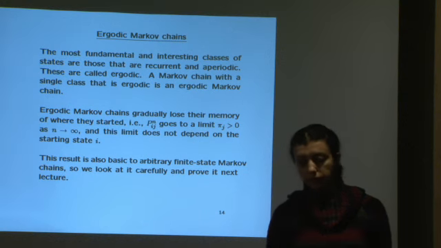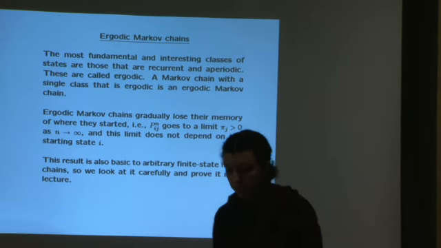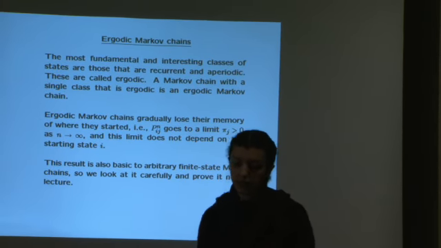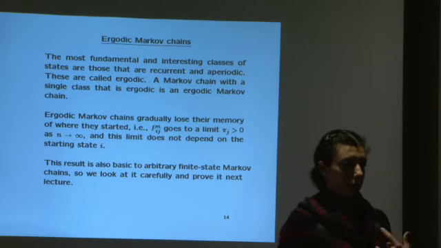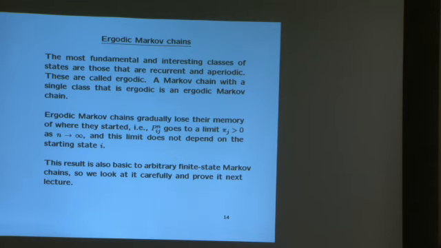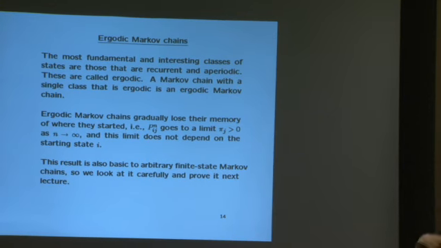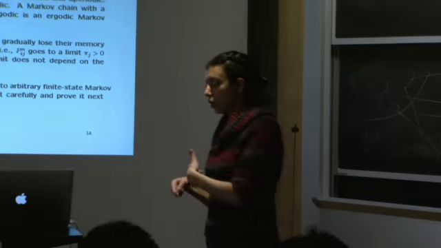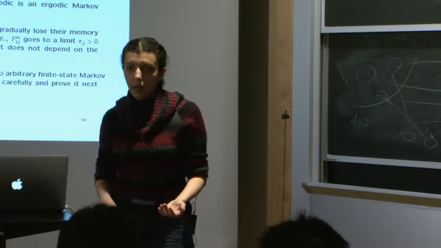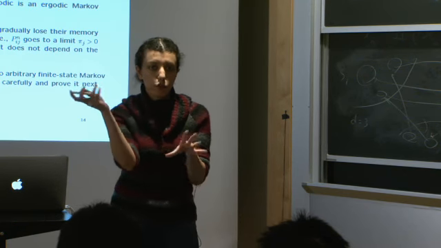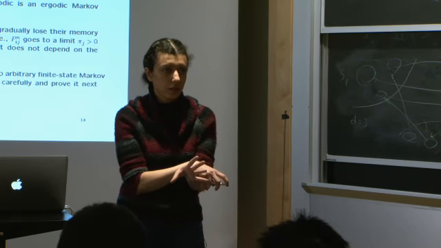The very important and nice property of ergodic Markov chains is that they lose memory as n goes to infinity, meaning that whatever initial distribution I have for the initial state, I will lose memory of that. Whatever state or distribution I start in, after a while, for a large enough n, the distribution of states does not depend on that.